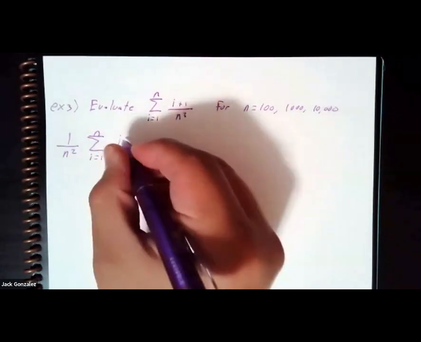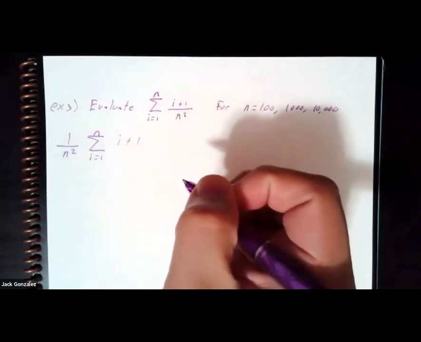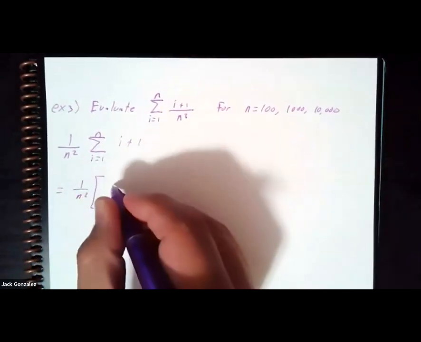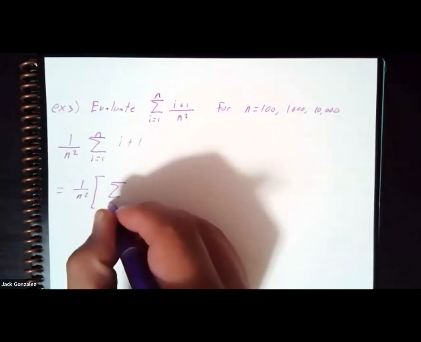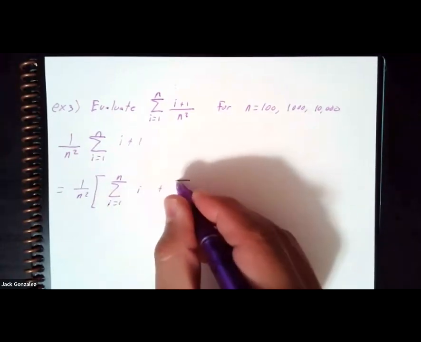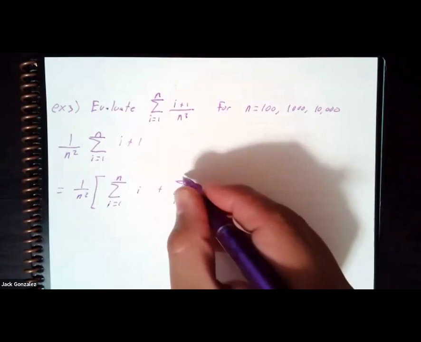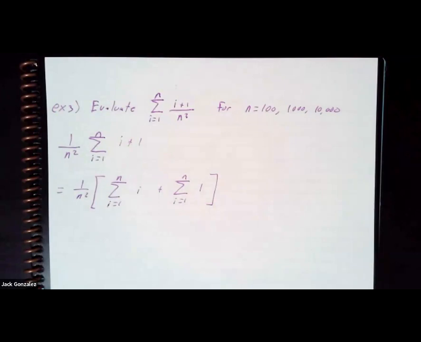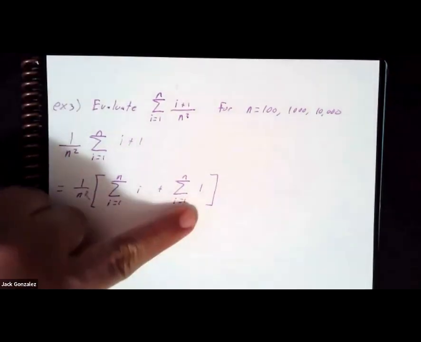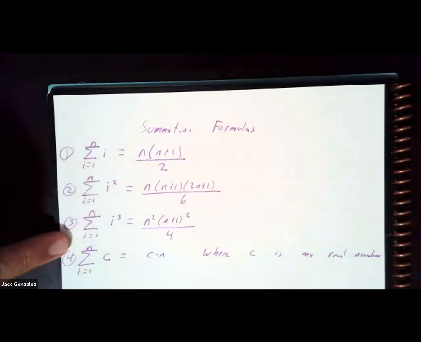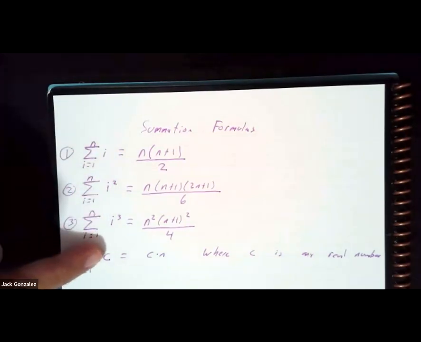This will be i plus 1. So what you can do is just separate the summations into two separate ones, for i and the constant 1. So now look at the formulas. We have one for i and we have one for constants, right? So just change the one for i into this and use the number 4 for the constant. So c happens to be 1.